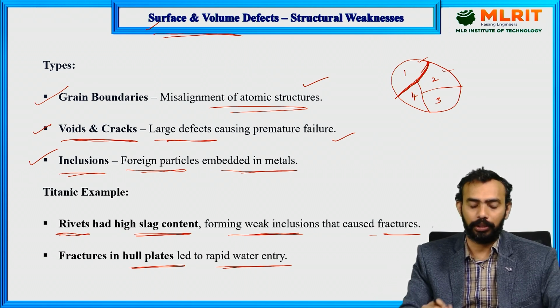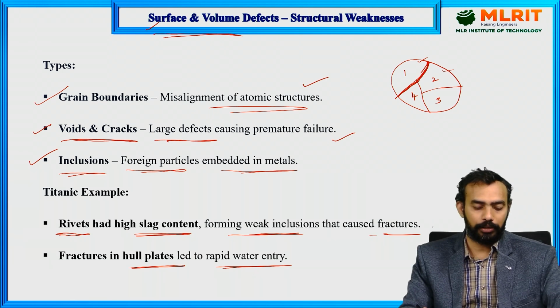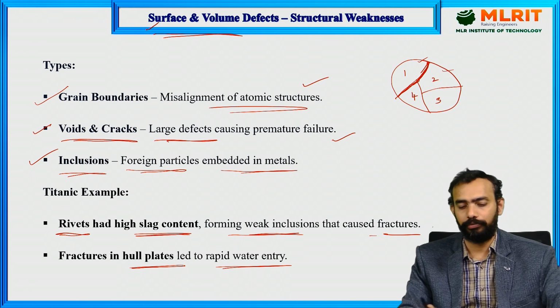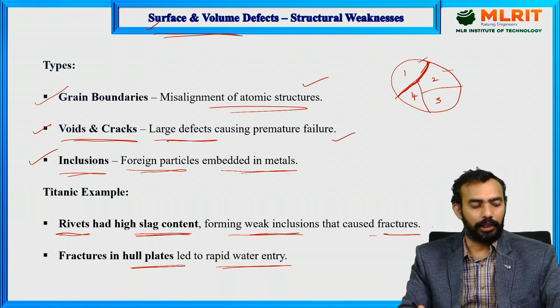Nowadays, shipping materials are maintained with high strength as well as good purity, and the composition is carefully selected. By taking care of all these parameters and measures, we are ensuring the safety of the overall vessel.